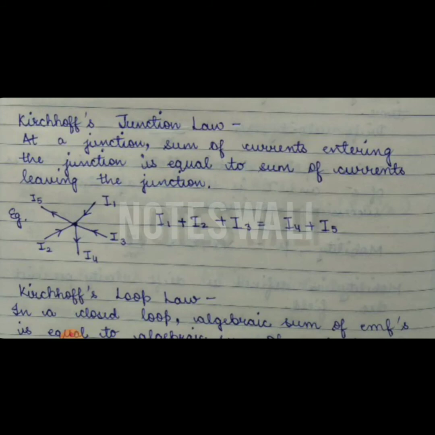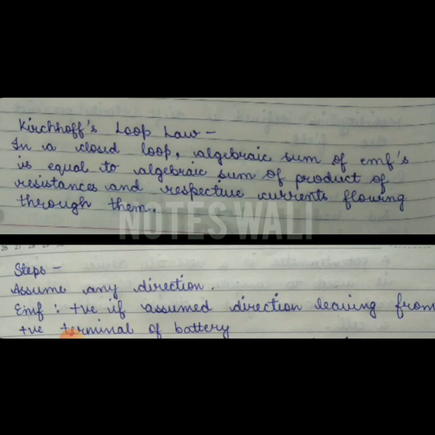Now we have to look at some laws which help us to solve the circuits. First is Kirchhoff's junction law, and it states that at a junction, the sum of currents entering into the junction is equal to the sum of currents that are leaving that junction. Next is Kirchhoff's loop law, which states that in a closed loop, the algebraic sum of EMFs is equal to the algebraic sum of the product of resistance and the respective currents flowing through them.